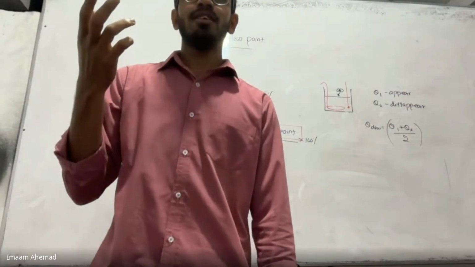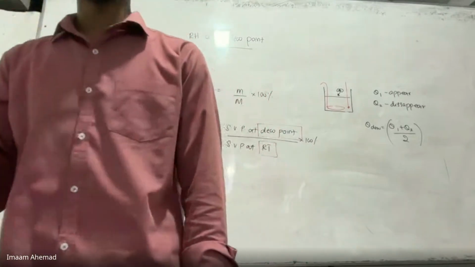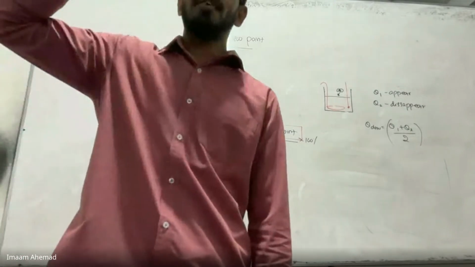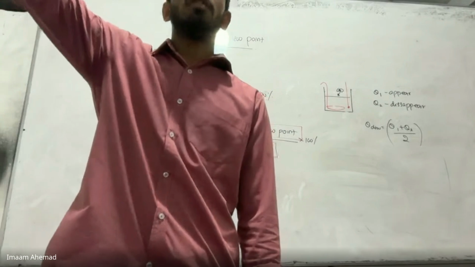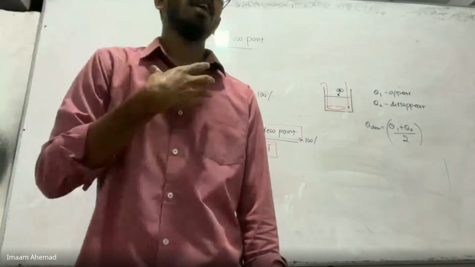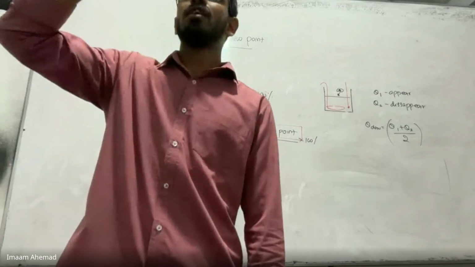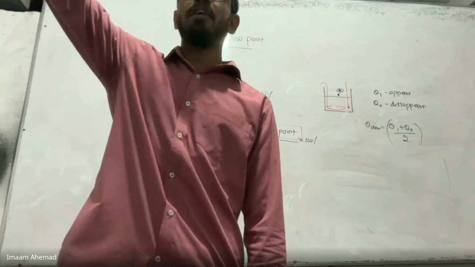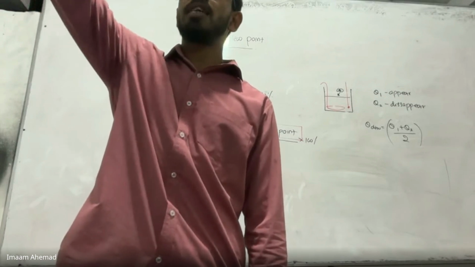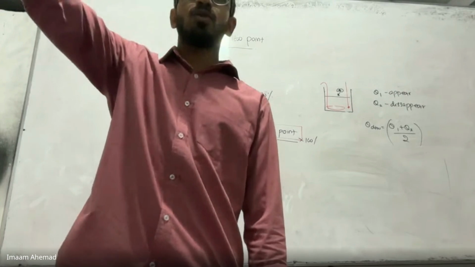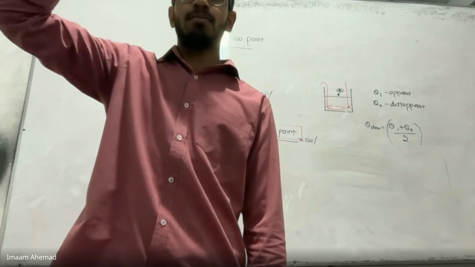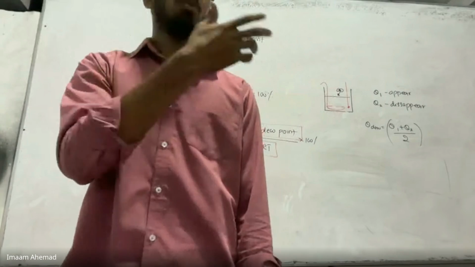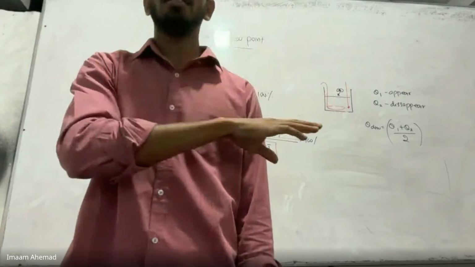What's our body temperature? 37 degrees Celsius, right? Inside our body the temperature is high, so there will be more water vapor. When we exhale, we have water vapor. We know that when temperature increases, the amount of water vapor that can be in the air also increases. So there will be more water vapor concentration, and the outer surface surrounding is at room temperature, which is below 37.